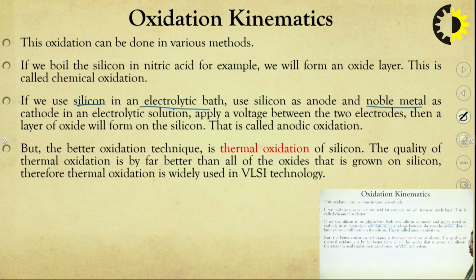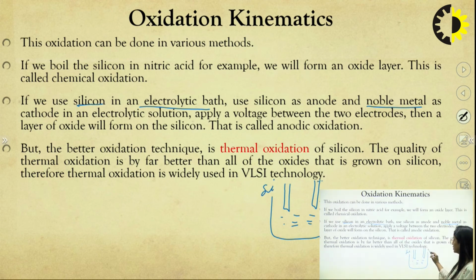So I'll repeat what we are going to do. We will use silicon in the electrolytic bath, and we will use silicon as an anode, and then we will use some noble metal for cathode. So this is silicon and this is some noble metal, and in the electrolytic solution, we apply a voltage between these two electrodes.